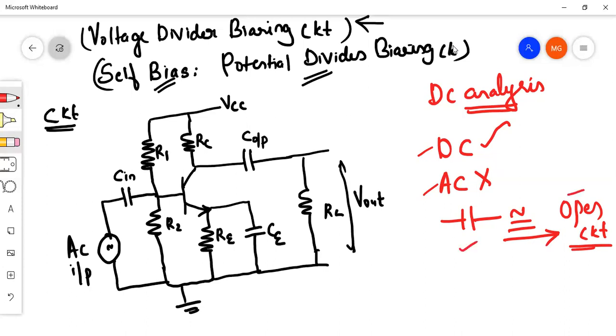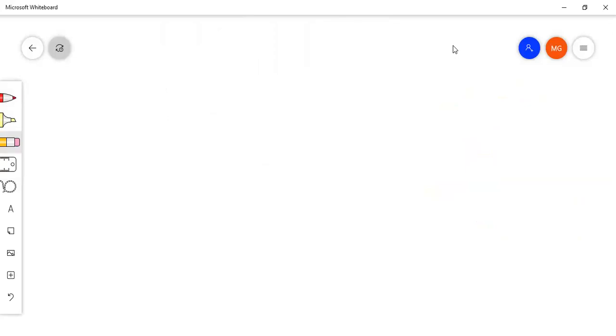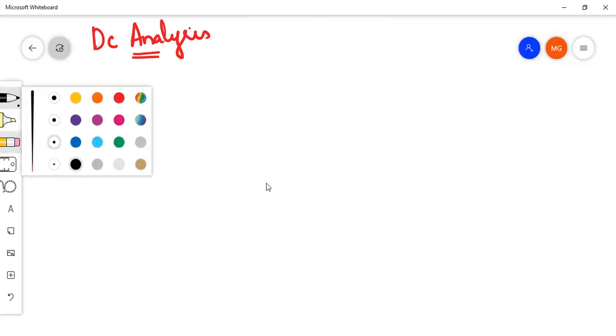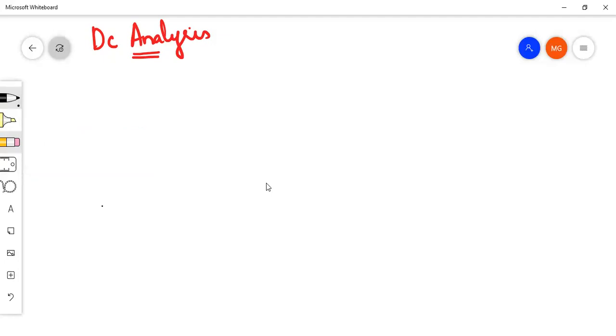Next, we will draw the DC analysis of the circuit.